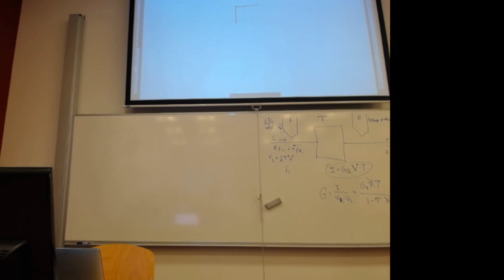Why do two and four terminals give the same result in the normal situation? The answer is because electrons equilibrate between the contacts. And here they don't.